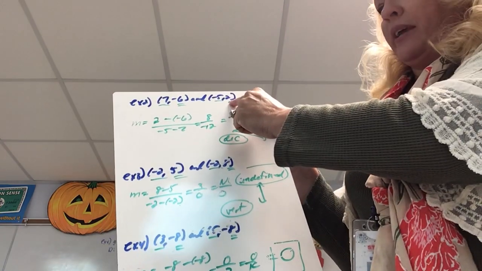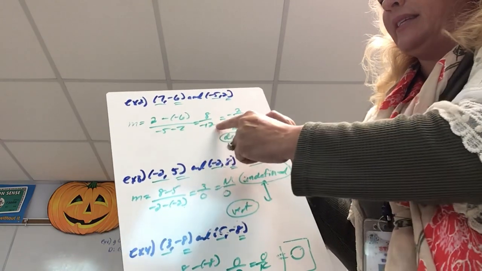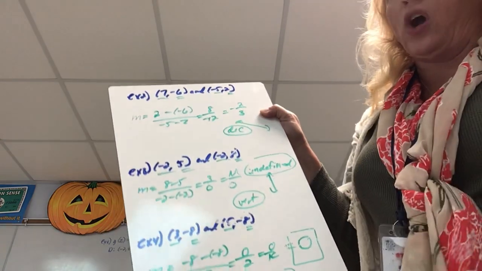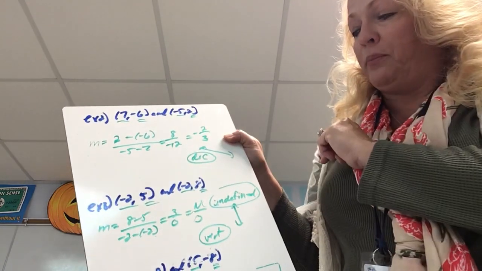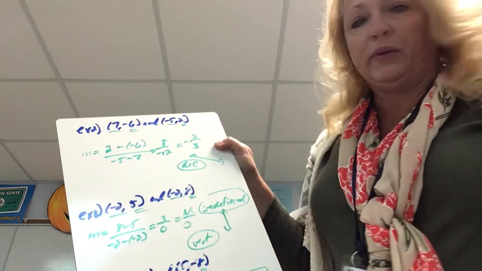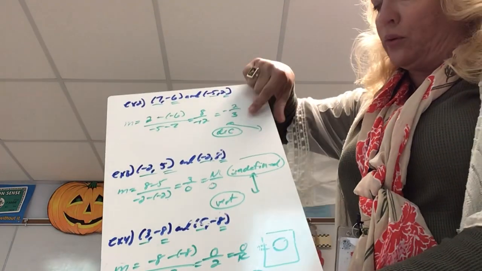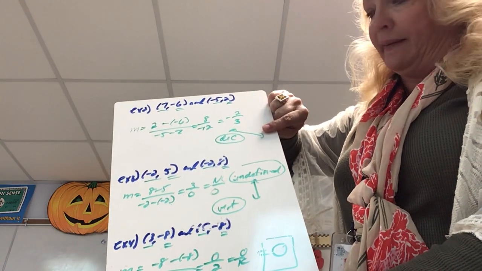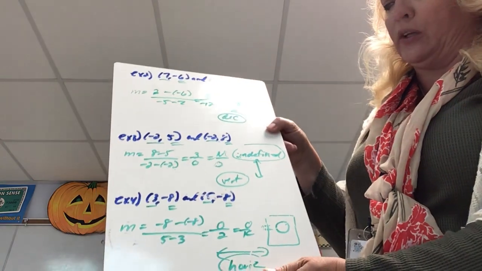Always start with your second point. 2 minus a negative 6, so then I go negative 5 minus 7 is negative 12. Now, we should always reduce if we get a fraction. All right, so 8 over 12, both reduce by 4, so I get 2/3. Doesn't matter where I put the negative. So again, this would be a negative slope, so this would be a decreasing line. The rate of change is negative, so that means the values are getting smaller.